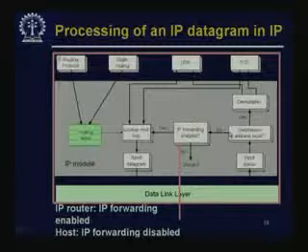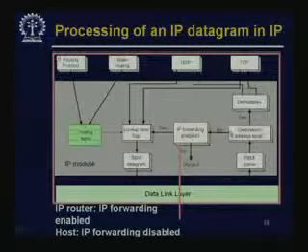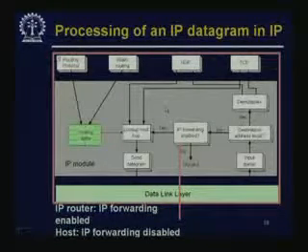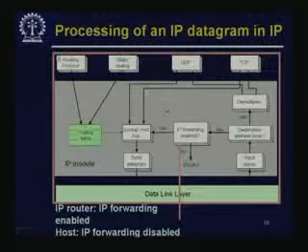Now there is one thing, we are talking about the processing of the IP datagram in the IP layer, and this IP layer is present in two different places. One is that the IP layer is present in a regular host, let us say a PC or something. The IP layer is also there in a router.